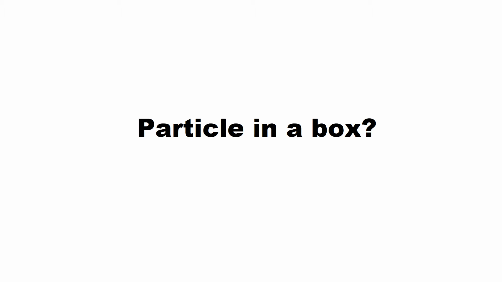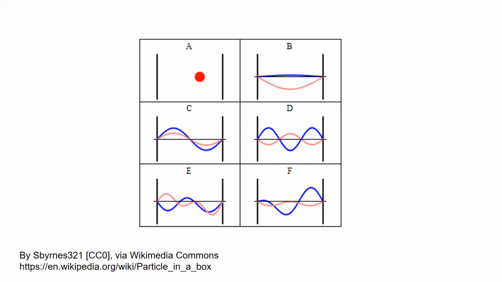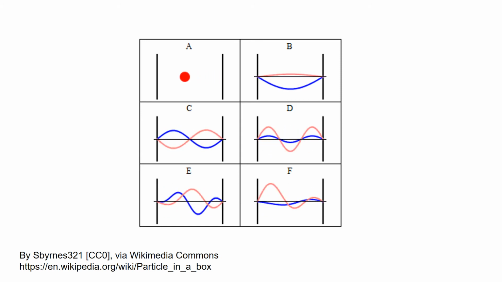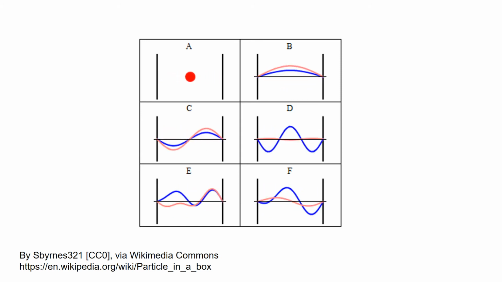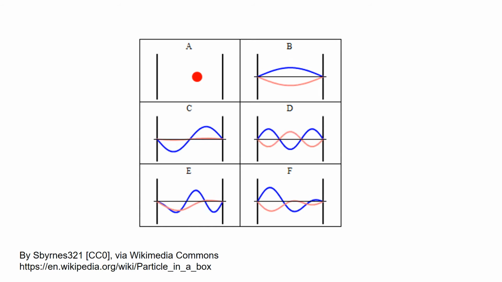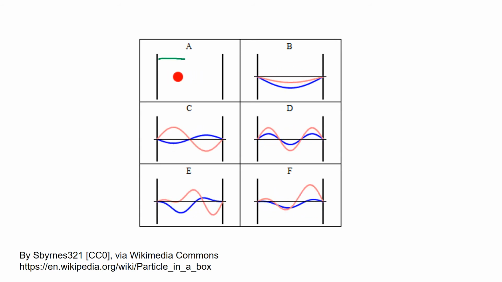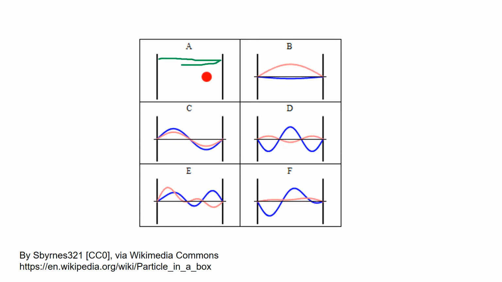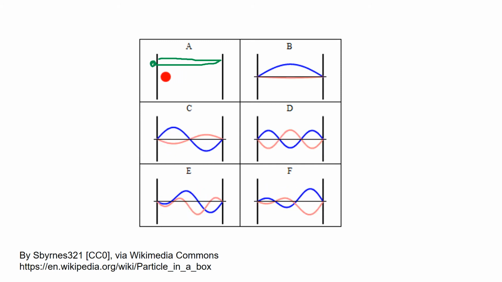You may have heard of a particle in a box in quantum mechanics. If there is a particle in an infinite potential well, in classical mechanics, the particle is moving from one side to the other and bouncing back, and it cannot penetrate this well.